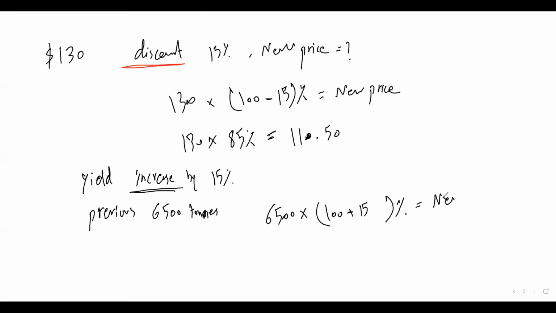So this should give us the present yield or the new yield, which can be obtained by multiplying 6,500 by 115%, or 1.15, right? It's the same thing. So that should give us 7,475, right? As simple as that.